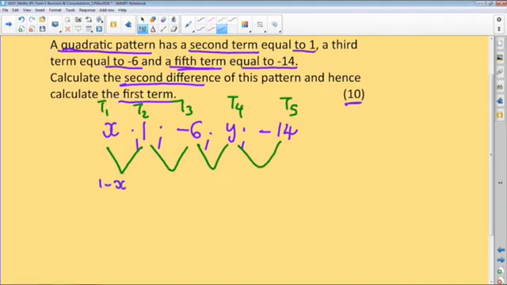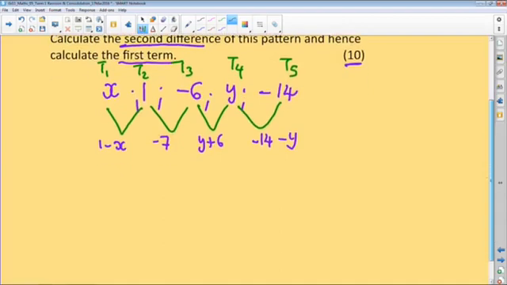Then term 3 minus term 2, that's minus 6 minus 1, which gives us negative 7. Then term 4 minus term 3, that's y minus minus 6, which is y plus 6. And then term 5 minus term 4, that's minus 14 minus y. So we've got our first difference there.